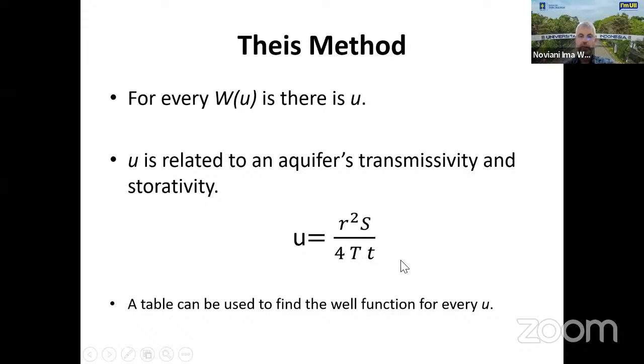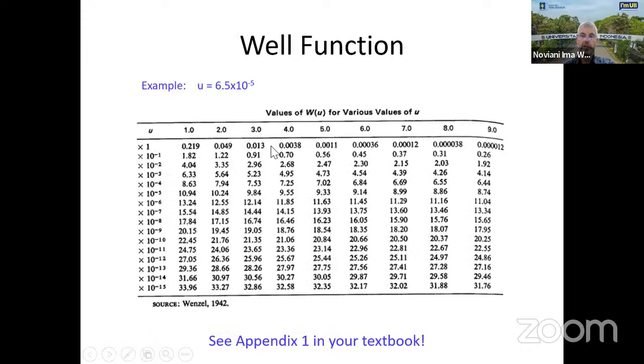Okay. So how do we find u? I mean, where is this u and where's this W coming from? And this is the so-called Theis method, where we can calculate u and W(u). And I said for every W(u), there is a u. So people use a table where the column on the left is any value of u you can imagine.